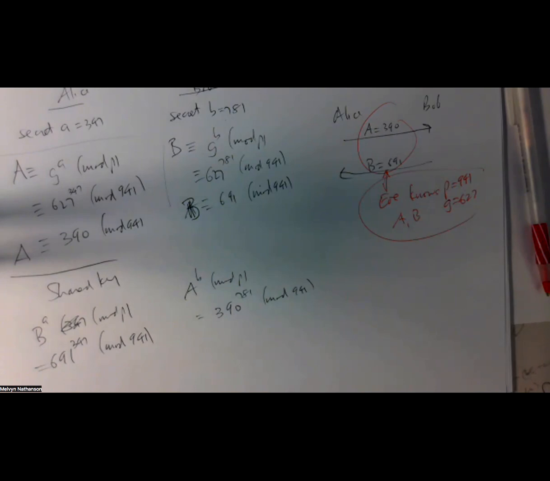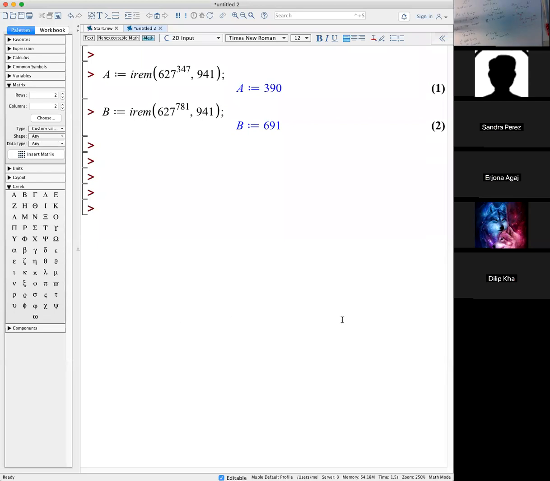And these have to be the same. Let's go back to Maple and have Maple do the calculation for us. So let's call it the key.